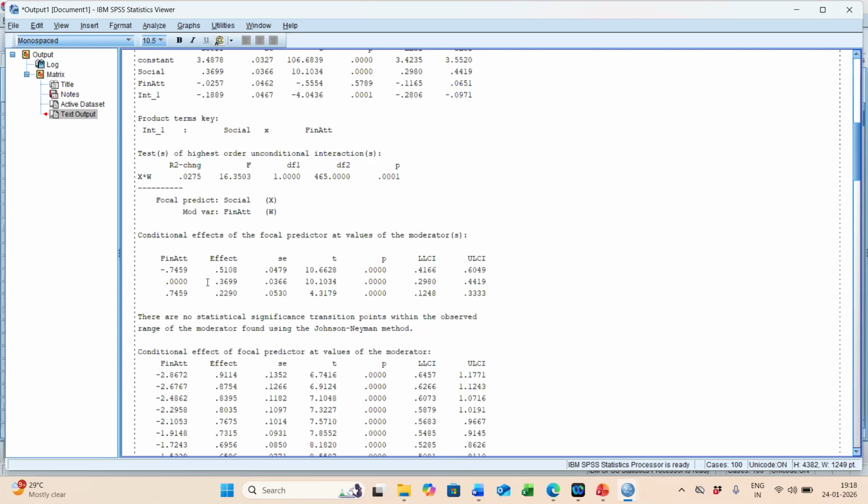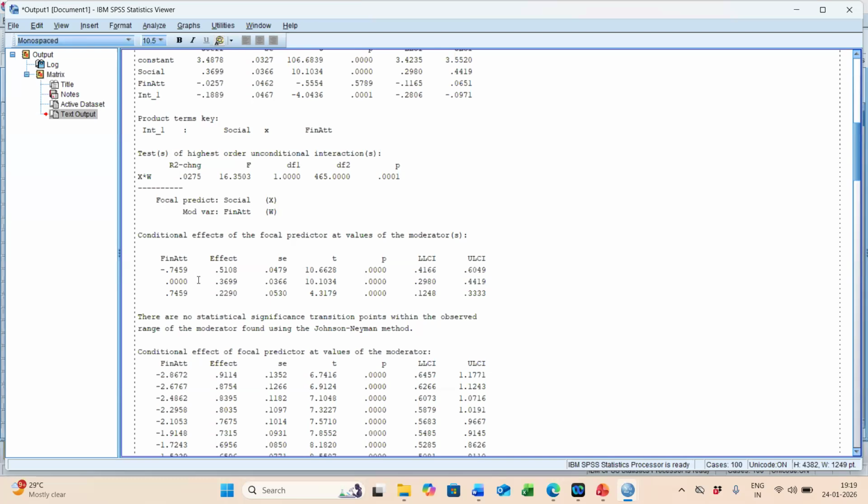That means at a lower level of attitude, see, we are actually dealing with financial attitude. What does a lower level of financial attitude mean? You have to think about the theoretical aspects also, not just the statistics. A lower level of financial attitude means negative financial attitude, and a higher level means positive financial attitude. When the financial attitude of women is negative, it has more effect on financial self-efficacy.